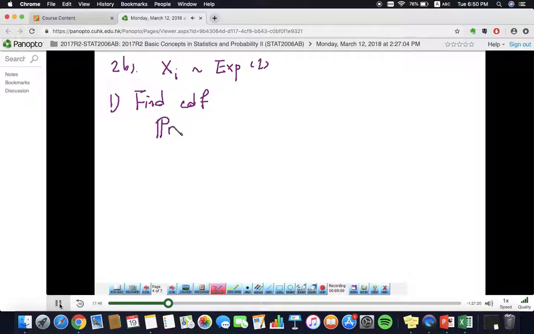The probability that x1 minus x2, I call this z, probability z less than small z is equal to this guy, less than or equal to small z.